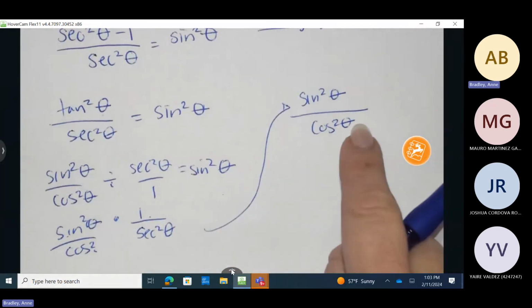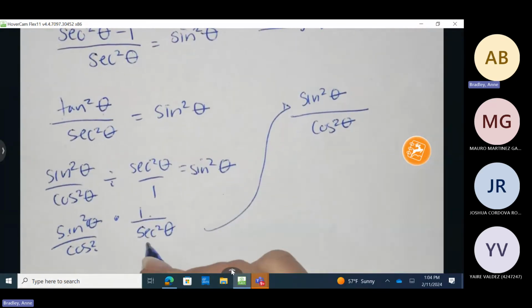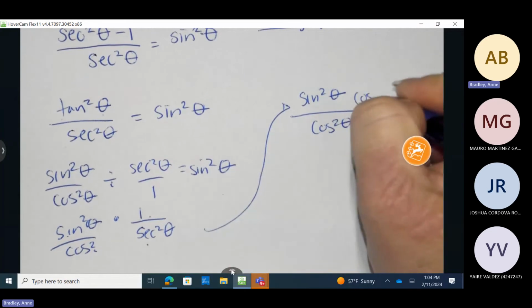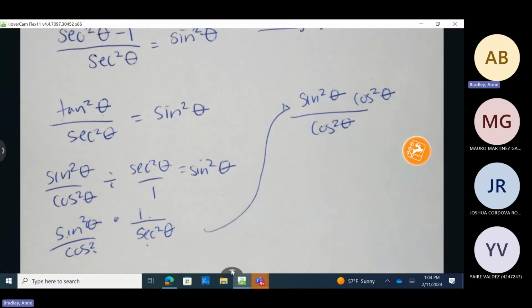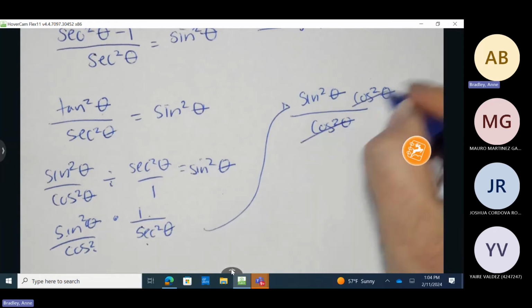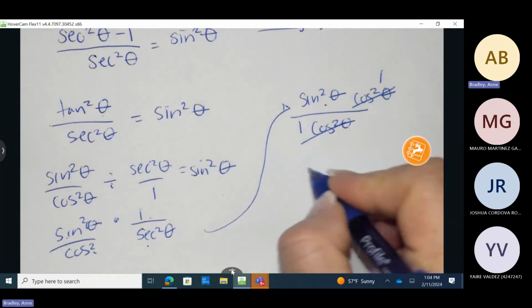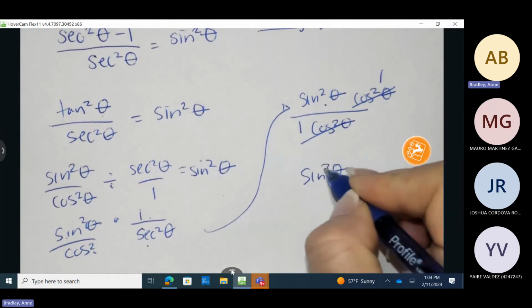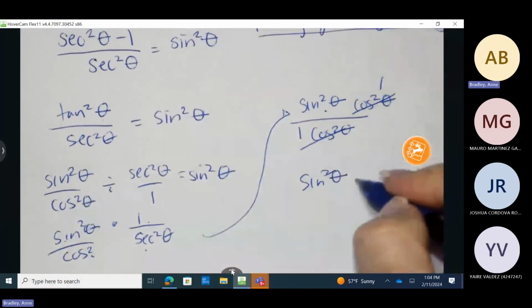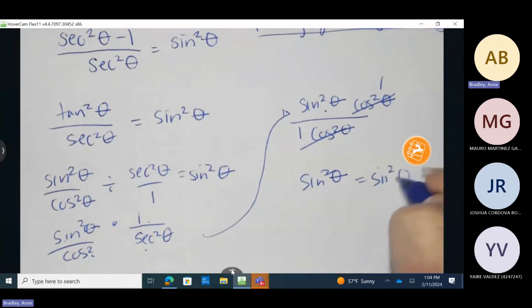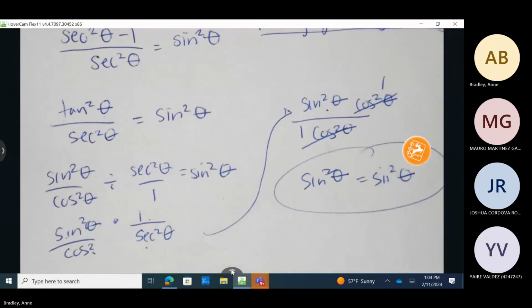So I'm going to move the secant squared up to the top, which makes it a cosine squared. And now we can easily cancel these out. They are reduced down to 1, and I'm left with a sine squared theta on the left, and that is equal to a sine squared theta on the right.